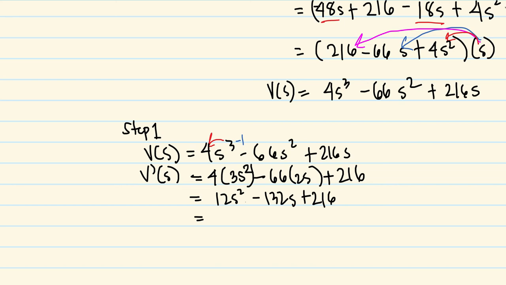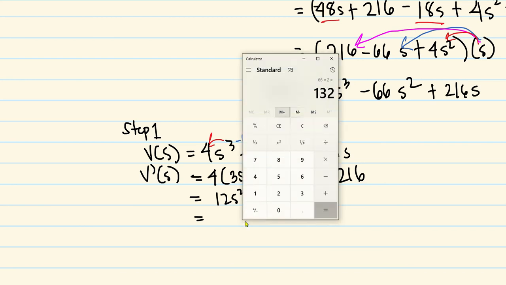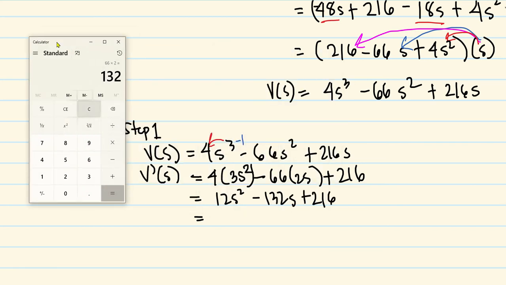Okay, so we're going to try to get first the 12. If we can get the 12, so 132 divided by 12 is 11. It is divisible by 12. How about 216 divided by 12? 18.